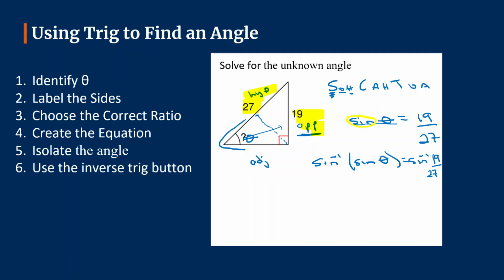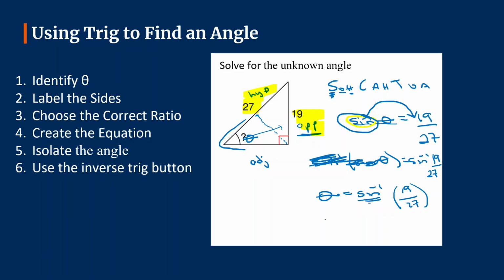It's like how I divided both sides in other questions. I'm going to do inverse sine on both sides, but that just leaves me on the left with theta, and on the right, I have inverse sine 19 over 27. Really, what I'm doing is taking sine and moving it to the other side, as we like to say. When it moves to the other side, it becomes that. I'm not multiplying it, dividing it, or adding it. I'm inversing it, so it looks like this.